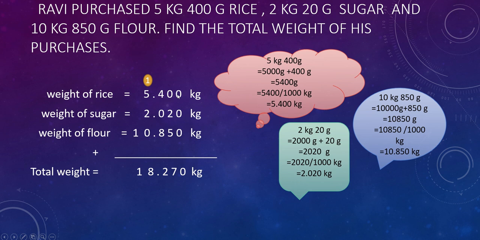Start from the right end, all zeros. You will get 0. 5 plus 2 is 7. 8 plus 4 is 12. So I will write 2 down and 1 on the next. 5 plus 1, 6 plus 2, that is 8 and then 1.